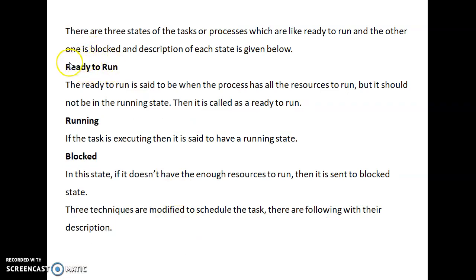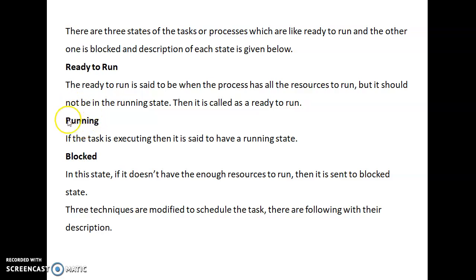These are the task states we already discussed. Ready to run means the tasks which are ready with all resources can go to run. Run is the state where the task runs on the CPU.